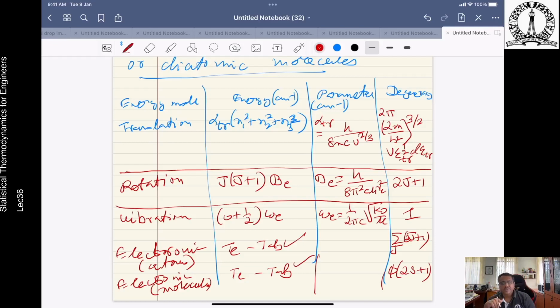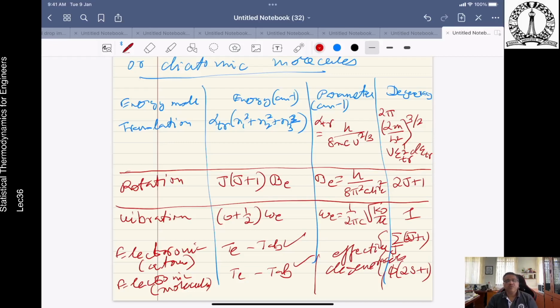For atoms, the required degeneracy is evaluated by summing over a multiplet caused by the different J values. For molecules, we typically sum over the multiplet caused by spin splitting and lambda doubling. In other words, for both atoms and molecules, the relative expressions are the effective degeneracies.